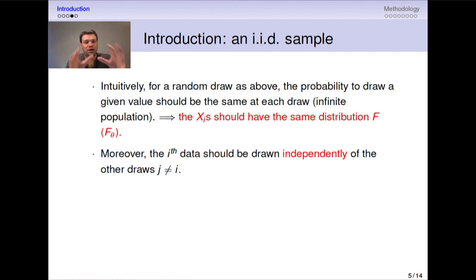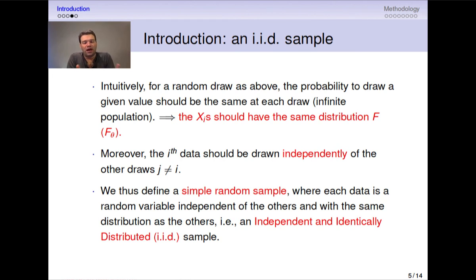Thus, if we have both together, the xi's that are independent and the xi's which all have the same distribution, that means that we have an IID sample, I for independence, ID for identical distribution. In the case of an infinite population, IID samples are also named, and most of the time we name them, a simple random sample.